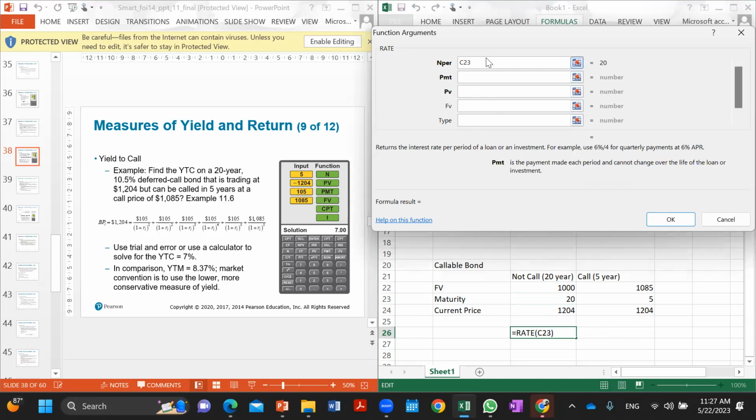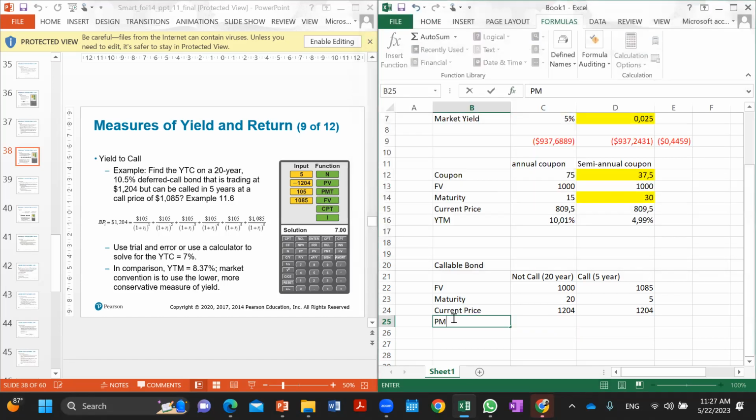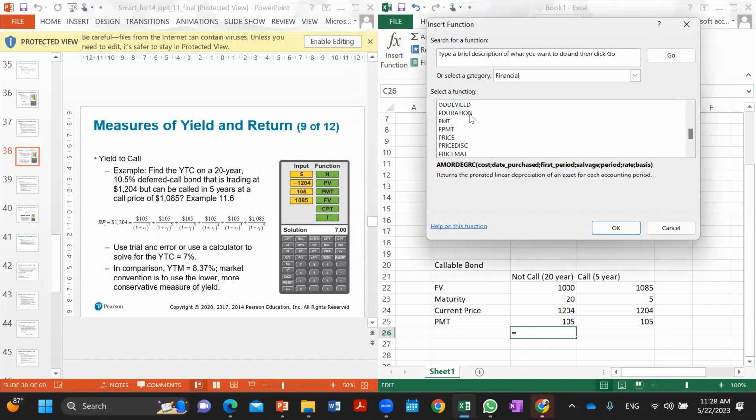The coupon payment. Oh, we forgot to mention the coupon payment. The coupon payment is 105 US dollars. Okay, so let us calculate it again.